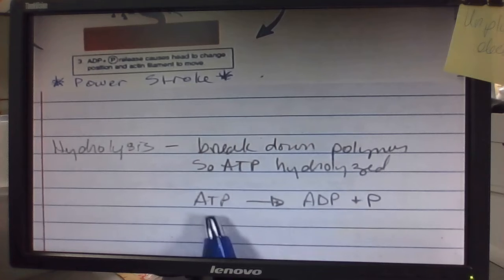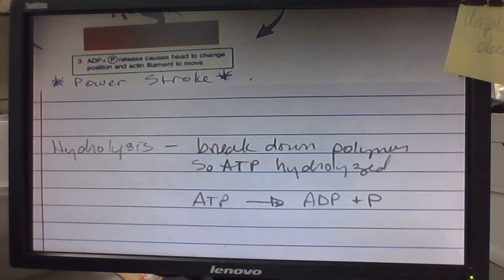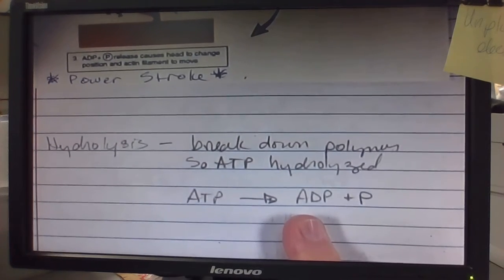ATP is hydrolyzed, ATP changes into ADP and the phosphate group. ADP could lose another phosphate group.